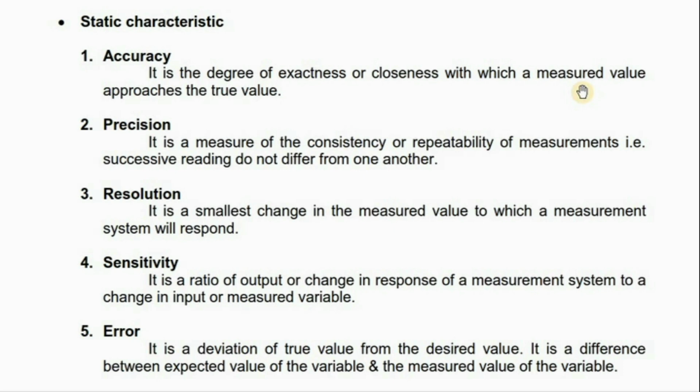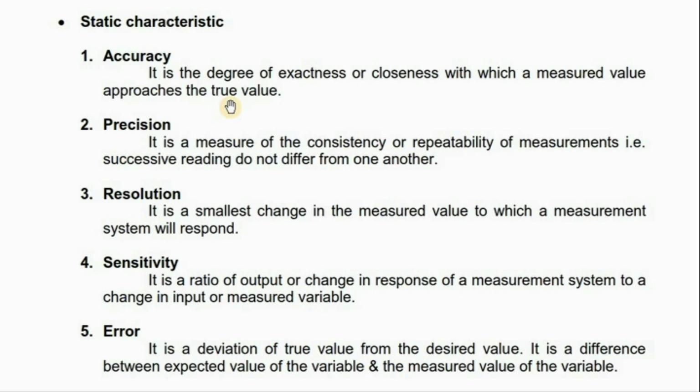Whatever this difference is, that is going to determine the accuracy of that particular instrument. Suppose we are measuring an EMF whose true value is 5.2 volts. If the measured value is 5.19 or 5.21, that instrument is said to be accurate.